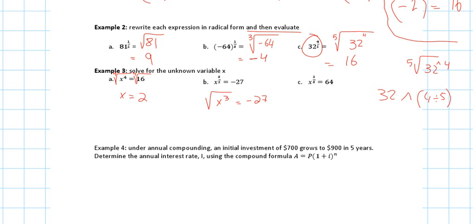Now, to get rid of that square root, what do you do? Square it. Exponent 2. Yes. So, let's square both sides. When you square both sides, that will get rid of your square root.